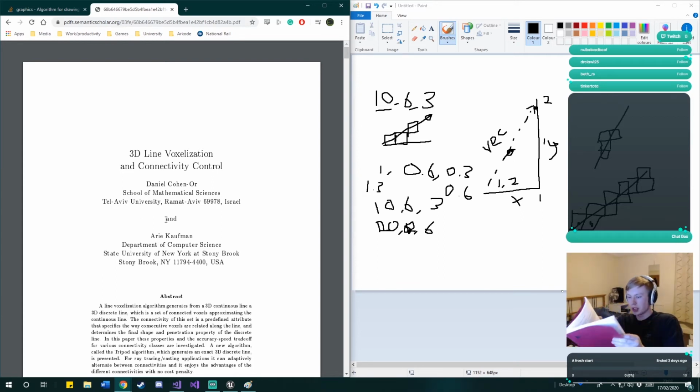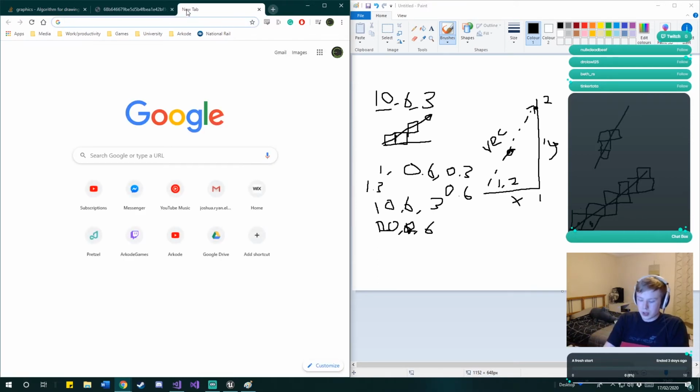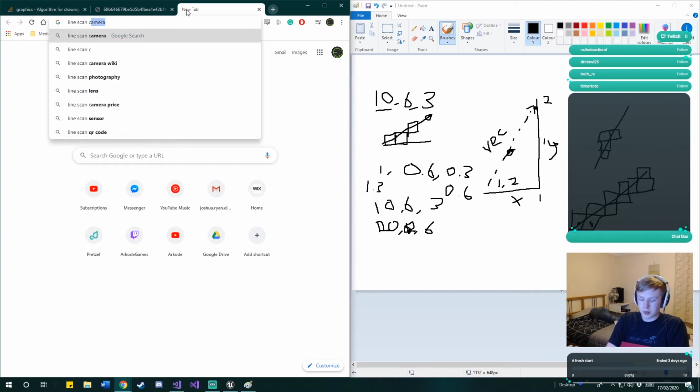I wonder if there's a connected one. But at least I know what I'm looking for in terms of the name. So, line scan.